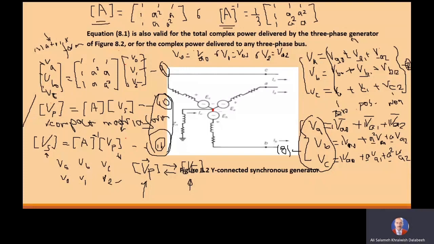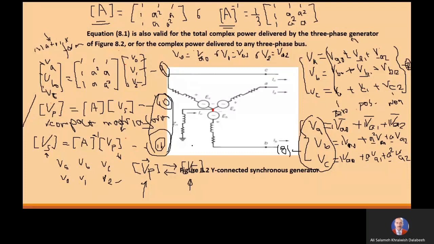What is the value of A and what is the value of the inverse of A? In order to use equations 10 and 11, to replace the sequence quantities by phase quantities, or to replace the phase quantities by sequence quantities.